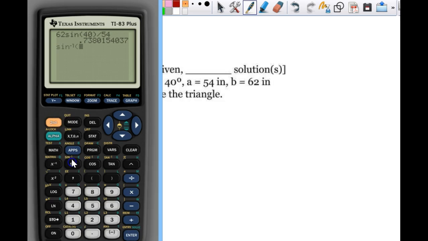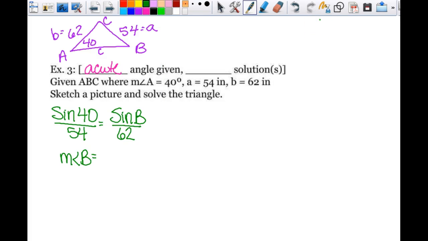So I'm going to do the sine inverse of that answer and get this number. What should I do with this number? Store it. So I'm going to store it in alpha B. And believe me, as I worked through this, I would forget to store one of them, and I had to go back and type stuff in. It was very frustrating. So angle B, I get 47.563 degrees. So that is one of my answers for sure.